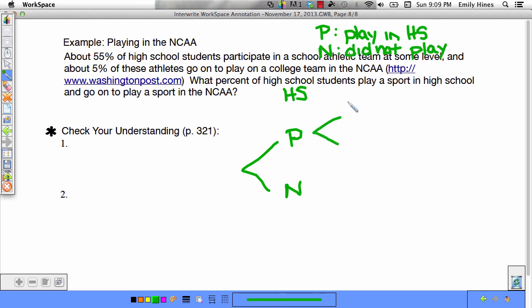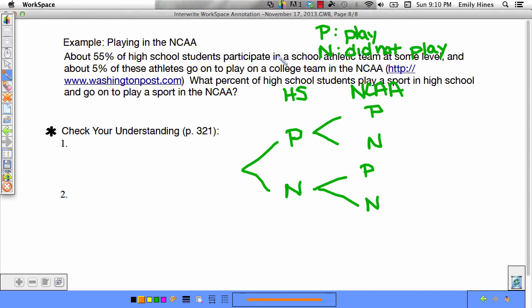And then from there, they go on to college. They either play or they don't play here too. And if they didn't play in high school, we're not really worried about that at the moment, but same option: they either play or they don't play.